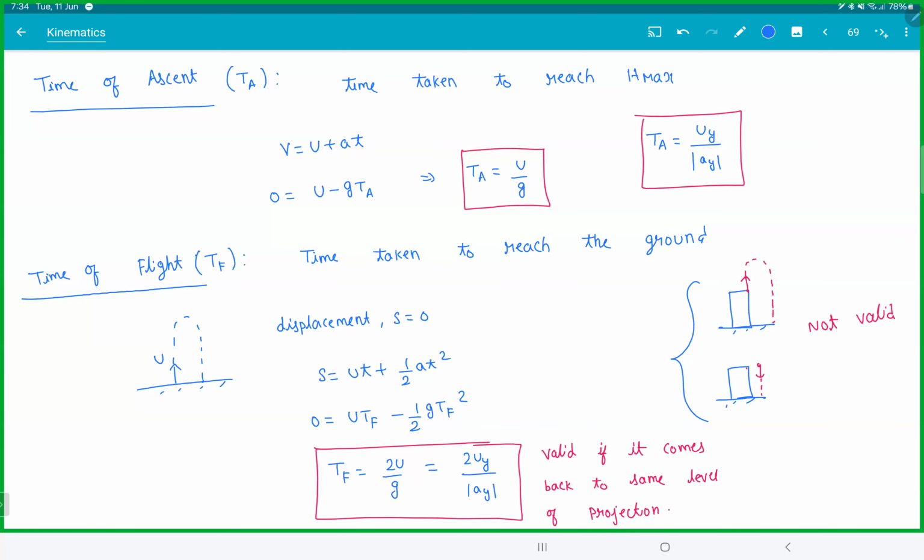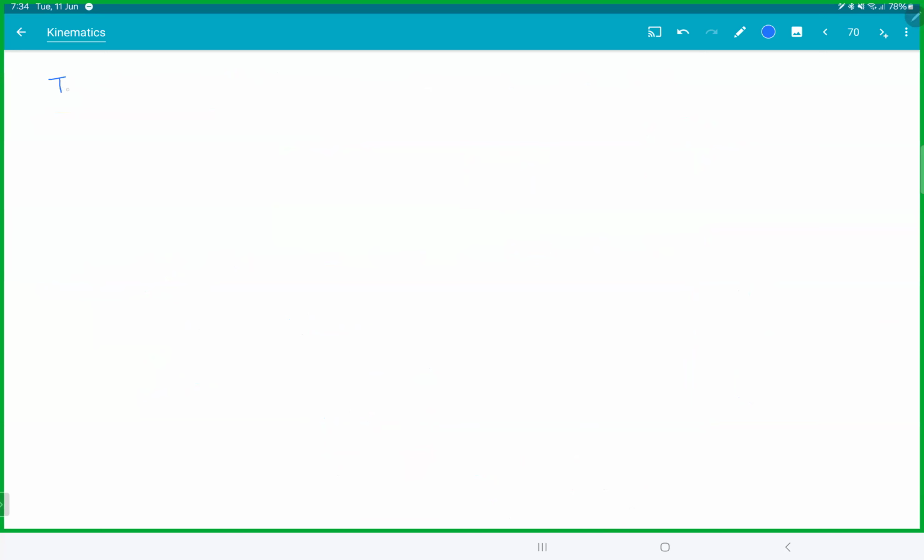Time of descent is the time taken from h max to ground.